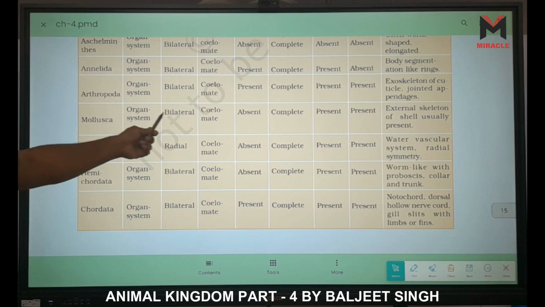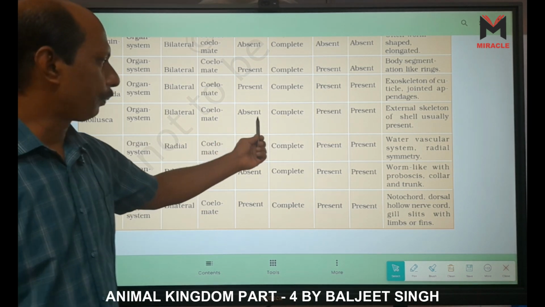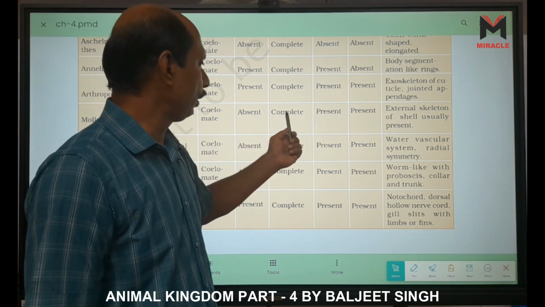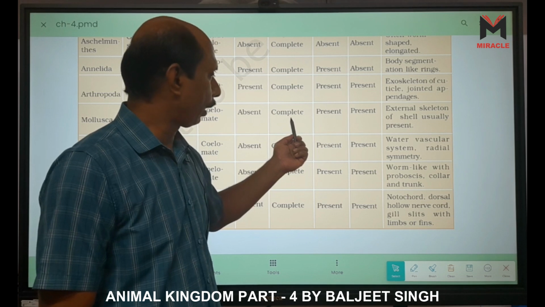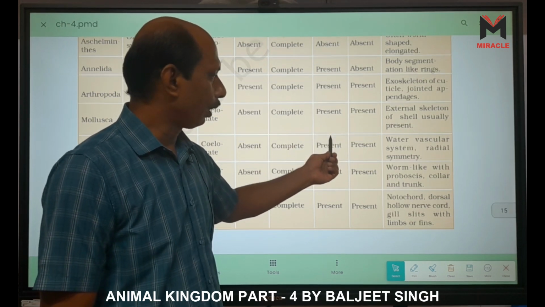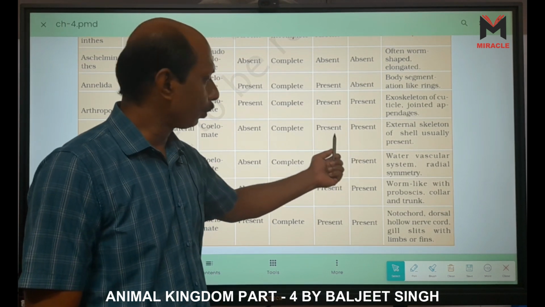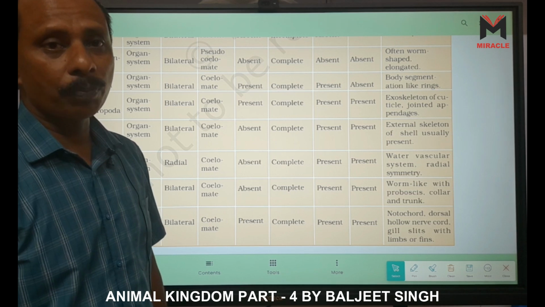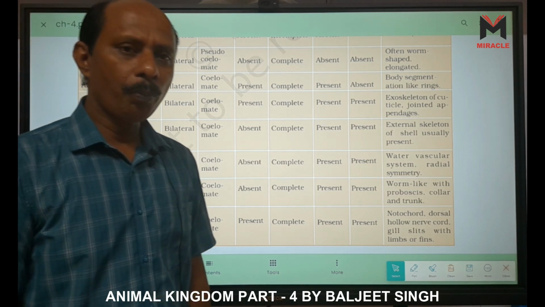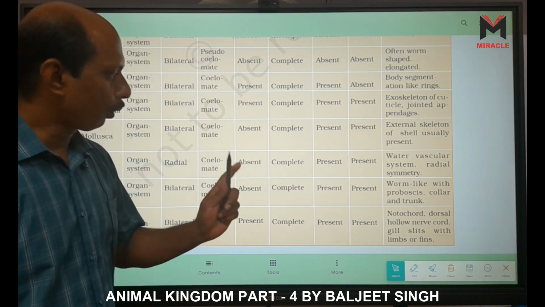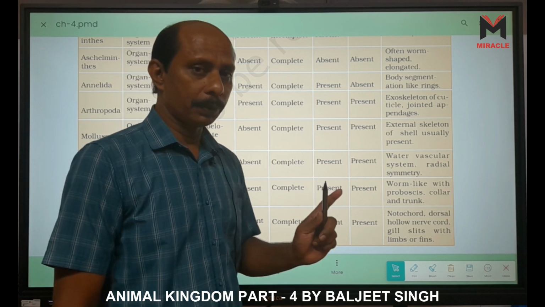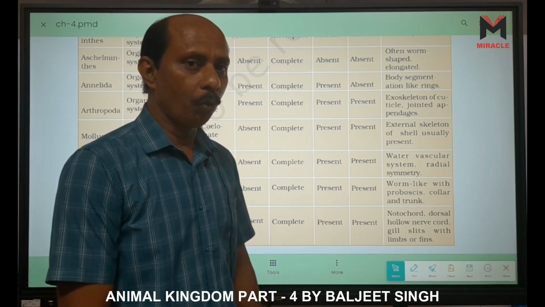Mollusca, organ system, bilateral, coelomate absent. Absent means segmentation is absent. Digestive system is complete. The circulatory system is present, and it is open. But in Mollusca, one exception is there: in cephalopods, only a closed blood vessel system is present. All the other Mollusca have an open blood vessel system.